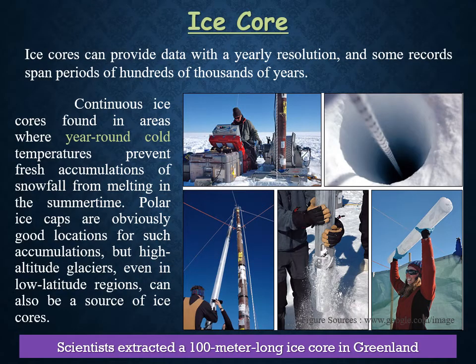The second proxy from which we can get the record of ancient climate is the ice cores. These are similar to sediment cores, but here the entire core is made up of ice.